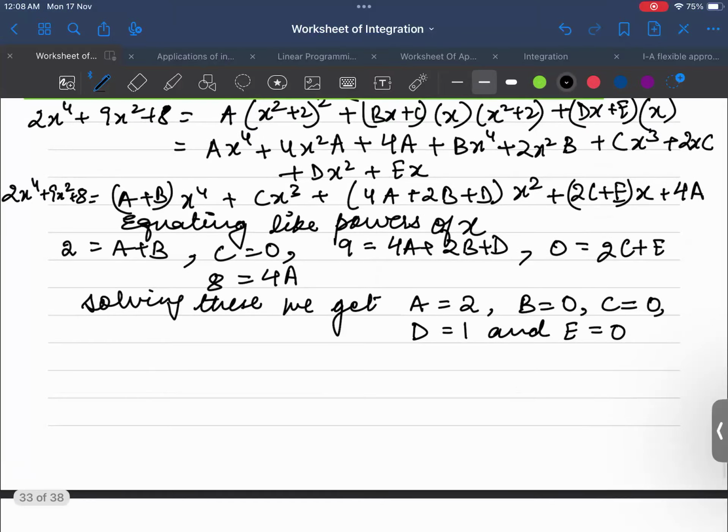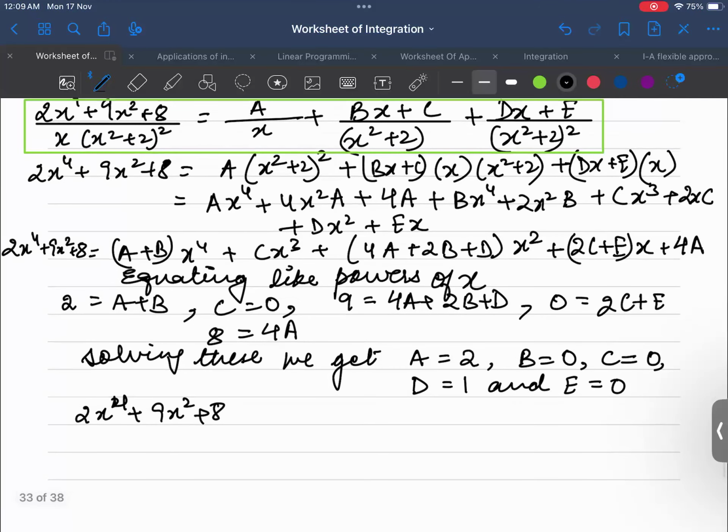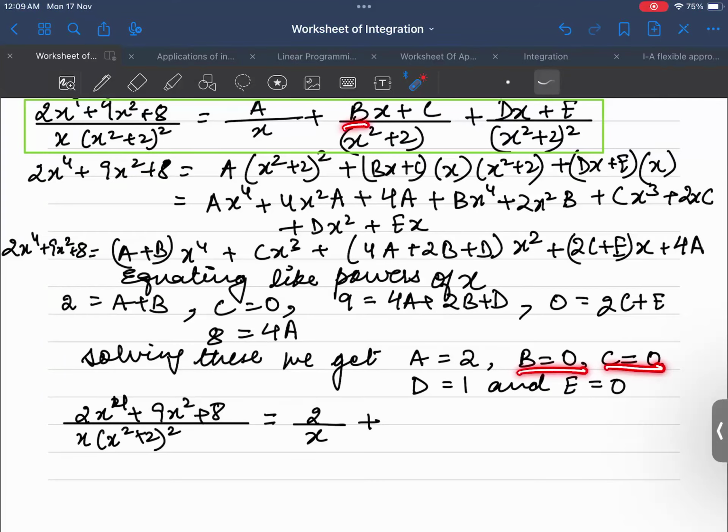We can solve it because we are using the same method. x power 4 plus 9x square plus 8 divided by x square plus 2 whole square equals a is 2 upon x, plus the 0 terms become 0, as b is 0 and c is 0.